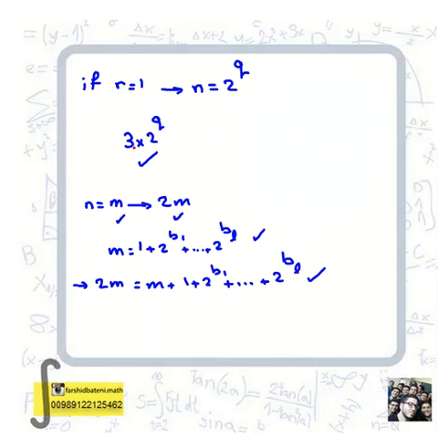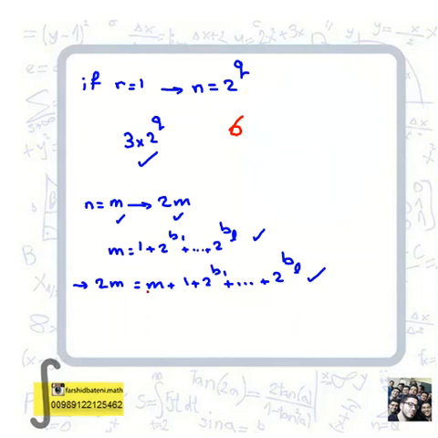We know that 6 is good. So we know that 3 times 2 to the k is good, like the previous proof. We know that when m is good, 2m is good. Why?